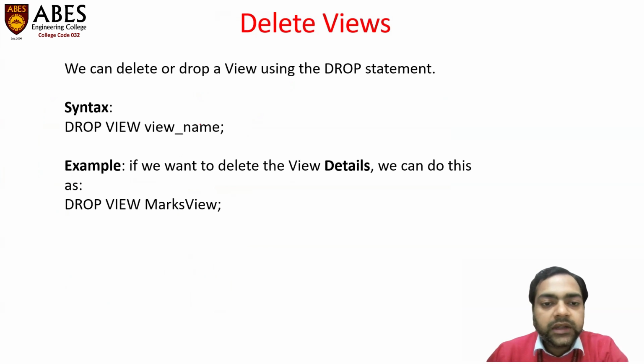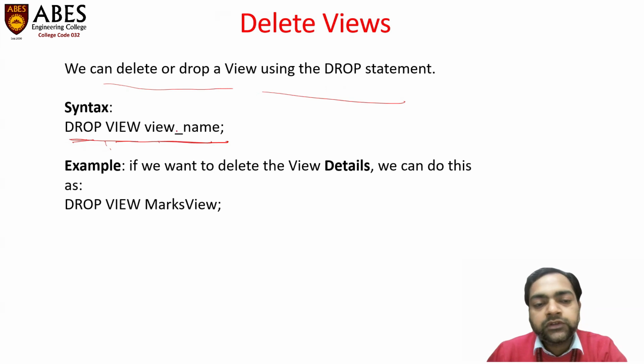Now we can delete a particular view also. We can delete or drop a view using the drop statement. As we know, the drop command is used to drop a table from the database permanently, right? In this case also, if we want to delete a particular view permanently, we use drop view, and then we mention the view name which we want to drop from the database.